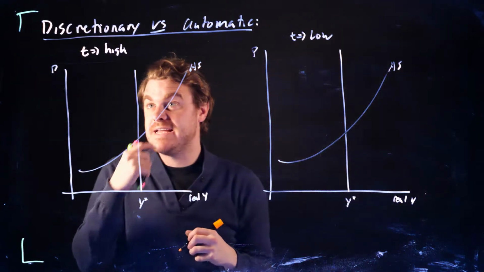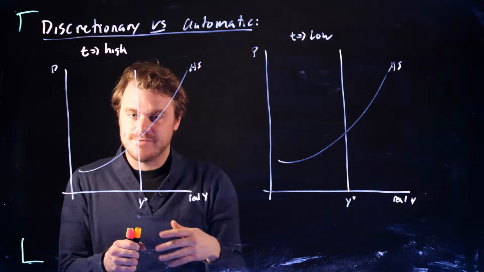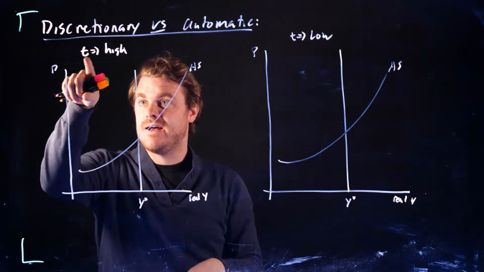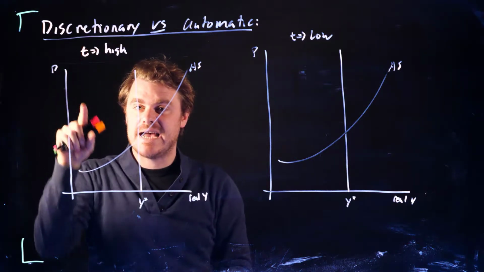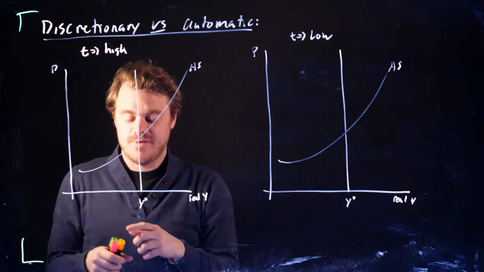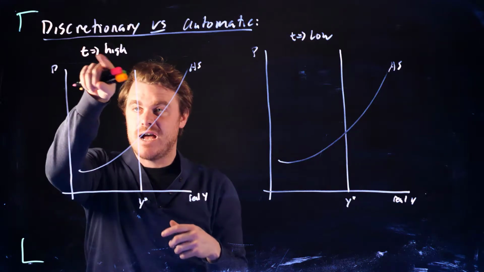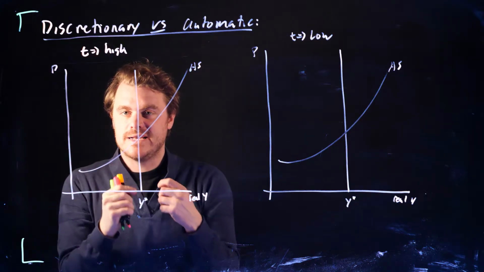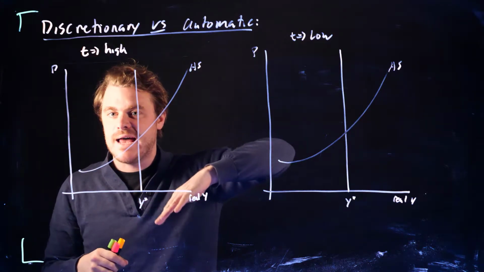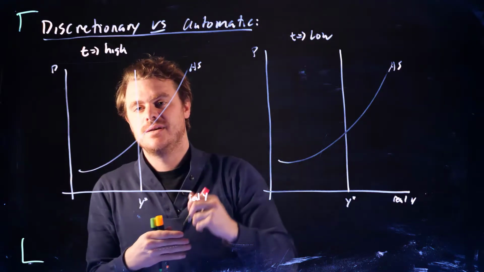Now when we draw our AD curve, we have to be a little careful, because the lowercase t, the tax rate, is influencing the shape of our AD curve. Remember, if there's a high tax rate, z is relatively small, so we have a flat AE curve but a steep AD curve.